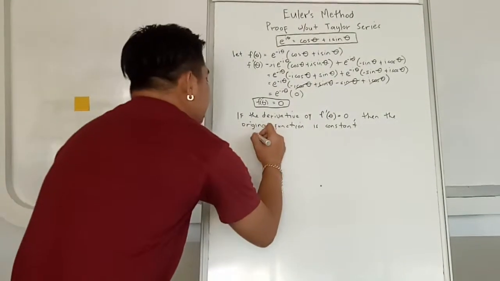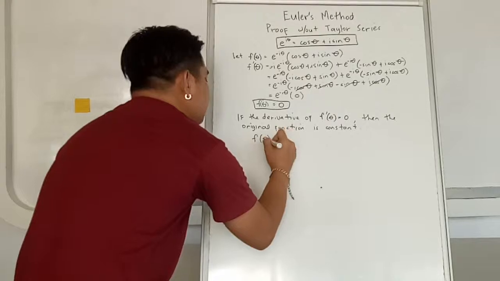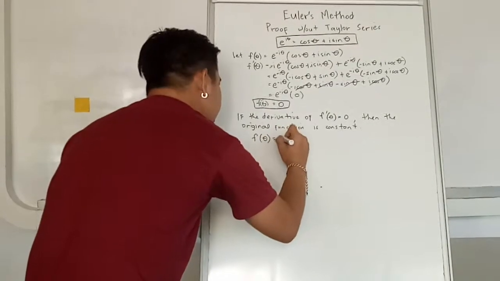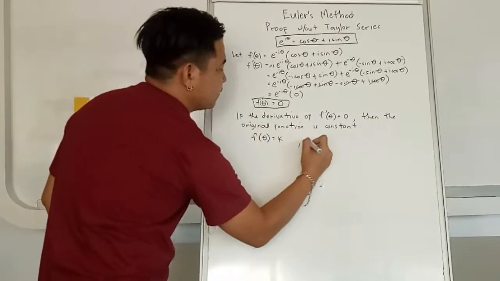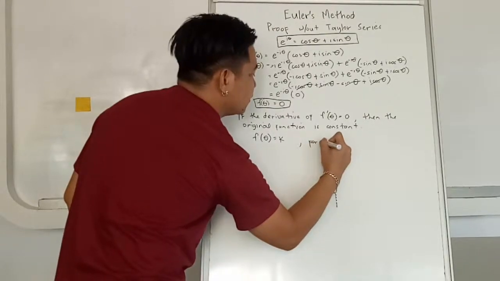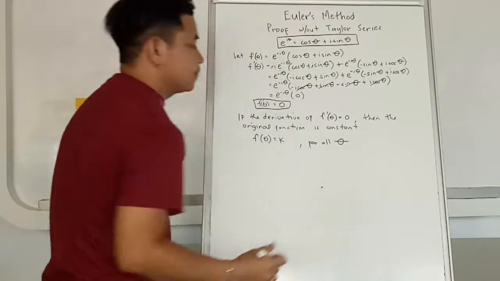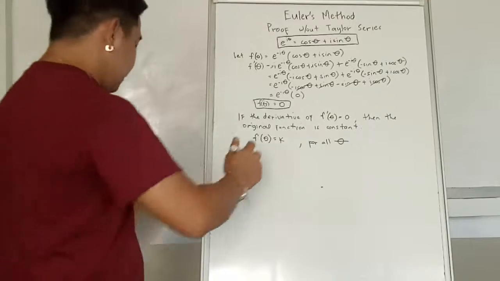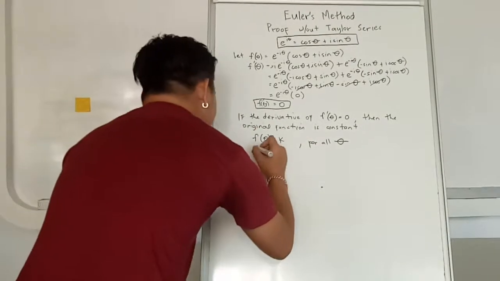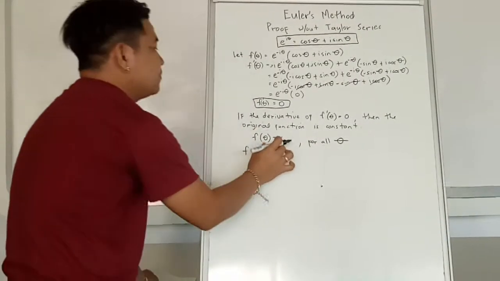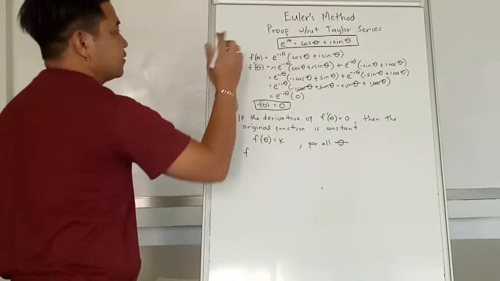So we know that f of theta is equal to k, and we use this for all theta. Then from this, we substitute the value of theta in this equation.